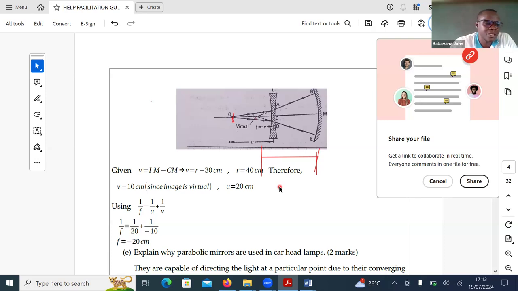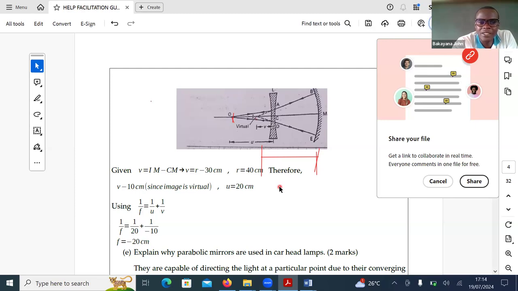But how do we come up with this distance? We shall get the distance from IM, then subtract off the distance from CM. Is that okay?